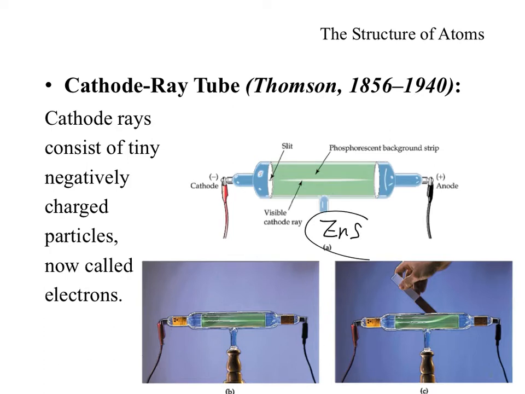He basically removed all the air that was present, and then he filled the tube with a specific gas. He connected this to an electrical field, and what he noticed was a glow in the middle of the tube.